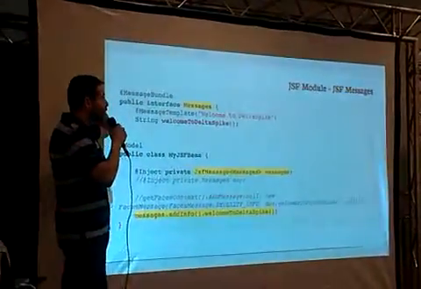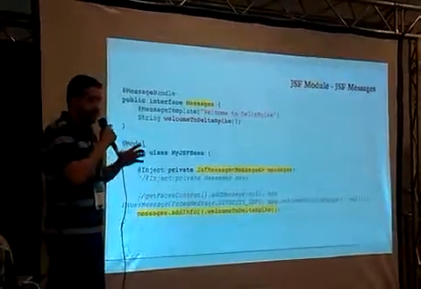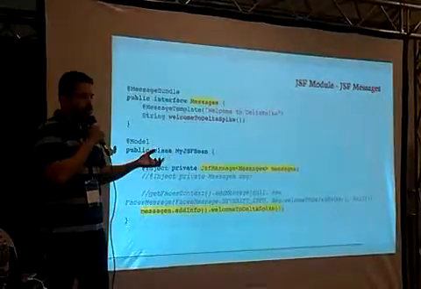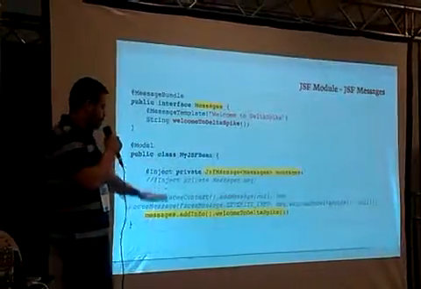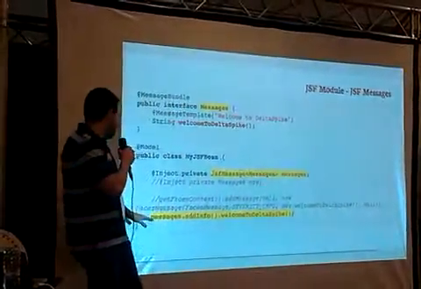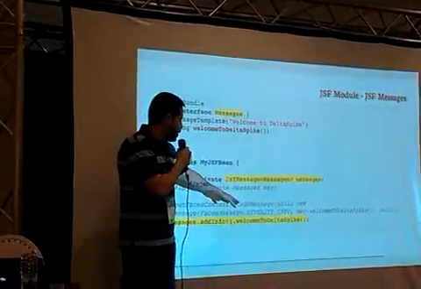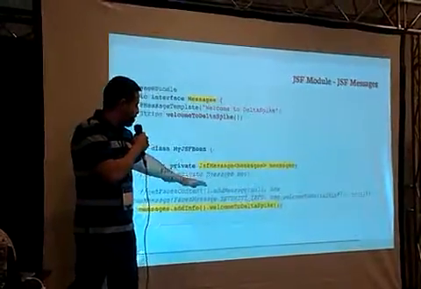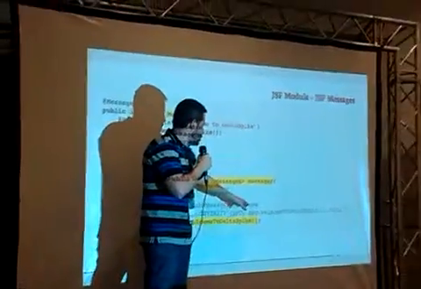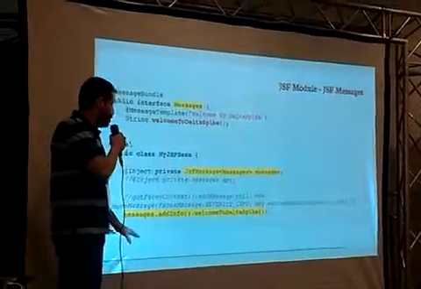I can integrate that with JSF, because in JSF, when you have to send a message to the HTML page, you have to do get face context, add message, new face message object, define the severity. Then you could use internationalization like message welcome to and the parameters.